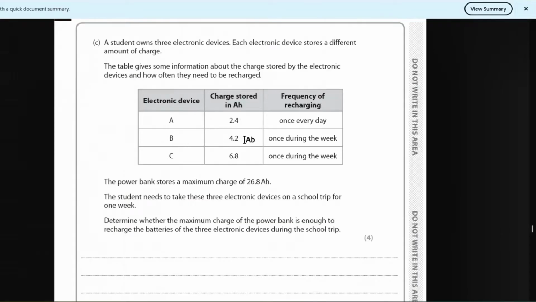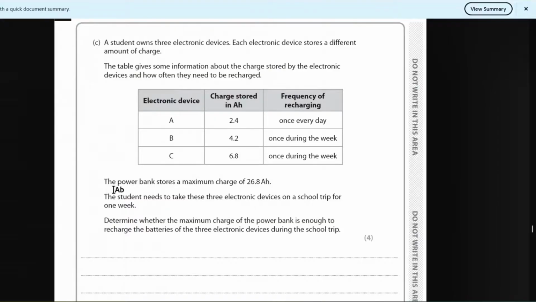Device B is 4.2. Device C is 6.8. So device C stores the highest amount of charge. The frequency of recharging, how often are these devices recharged? So device A is recharged once every day. Devices B and C are recharged once during the week.